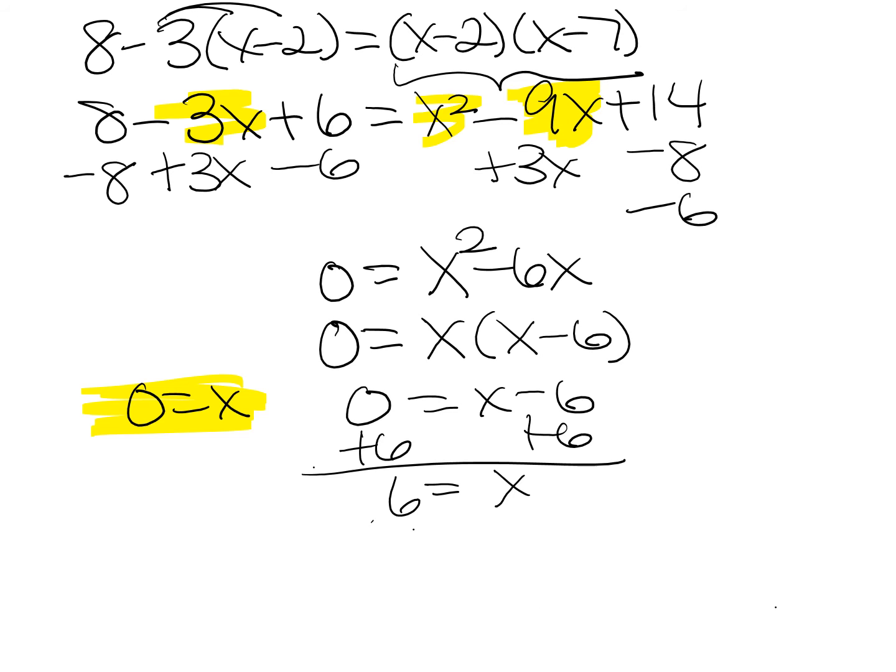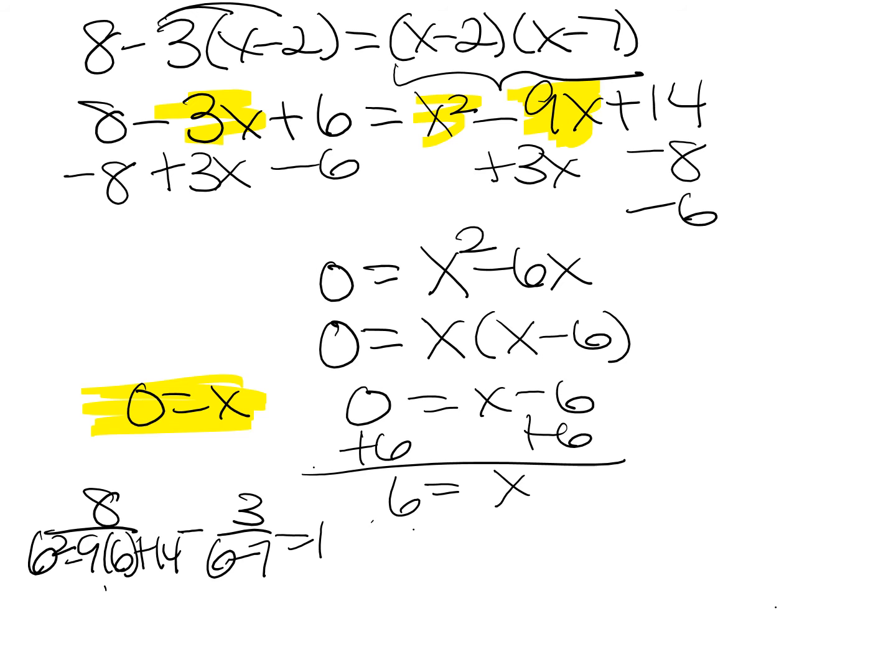Okay, and so when I plug in that, I'm going to have 8 over 6 squared minus 9 times 6 plus 14 minus 3 over 6 minus 7 equals 1. Okay, so I'm checking that. And then that would be 8 over 36 minus 9 times 6 is 54 plus 14 minus 3 over, it's going to be negative 1 equals 1.